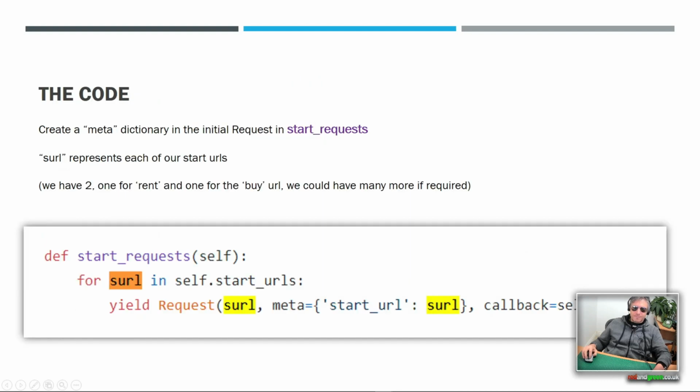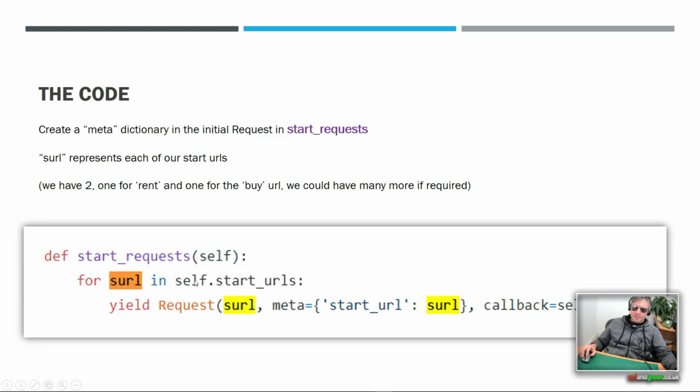For now though, this is where we use it. Start requests. So start requests is looking at the list of 2 URLs, and then for each URL, SURL is just my variable name.